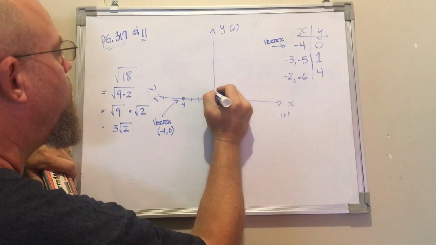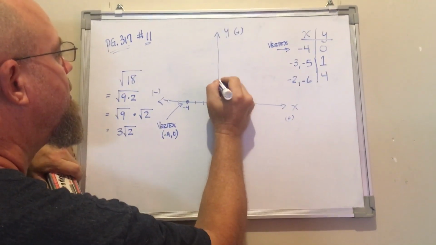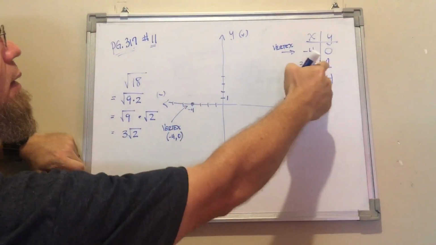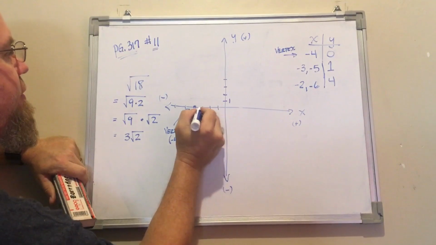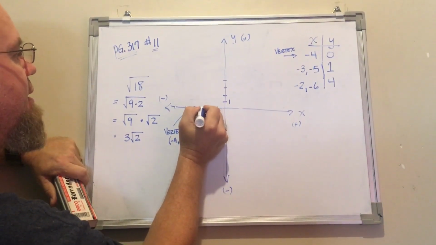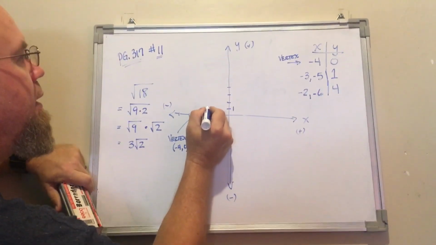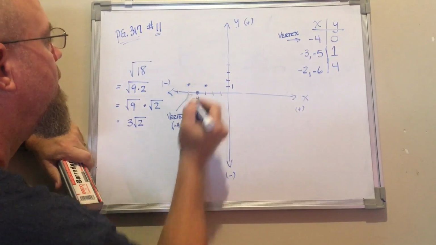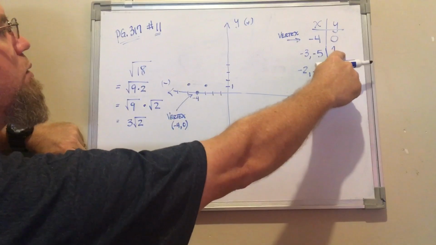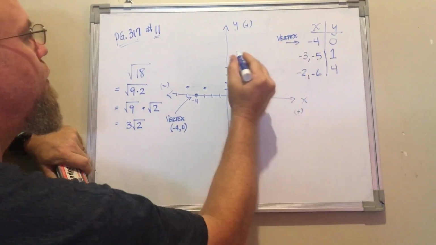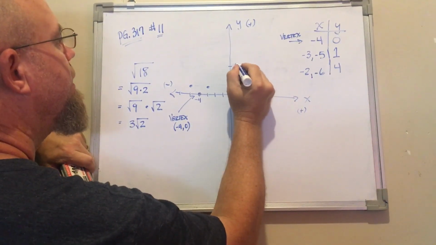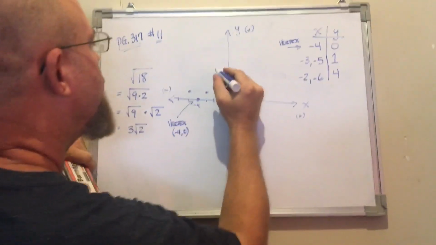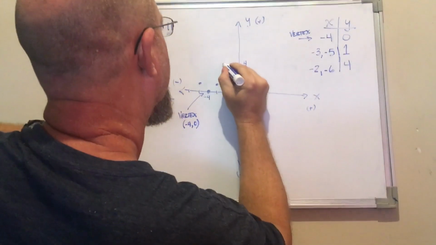When y equals 1, x equals negative 3. So that's negative 3, 1. And it's also negative 5, 1. So those are my 2 points when y equals 1. When y equals 4, well, we've got 4 up here. When y equals 4, x is going to equal, I'm sorry, negative 2.